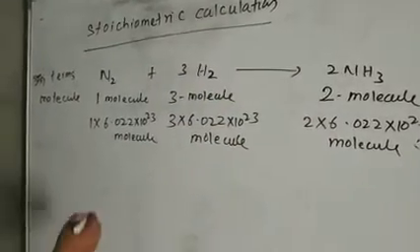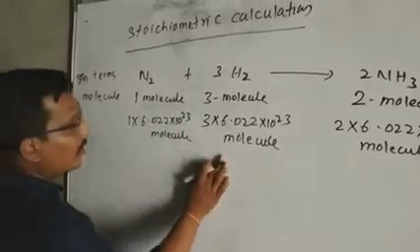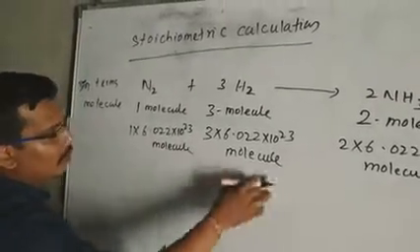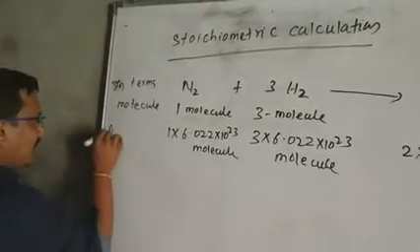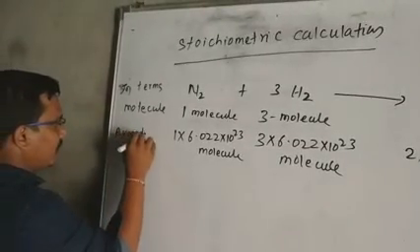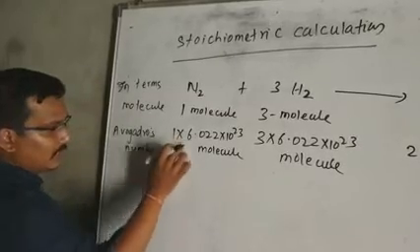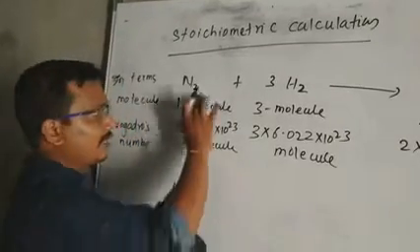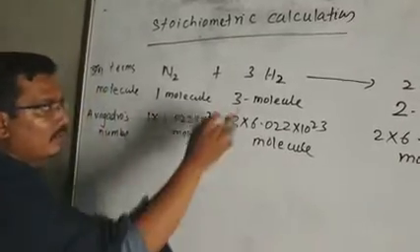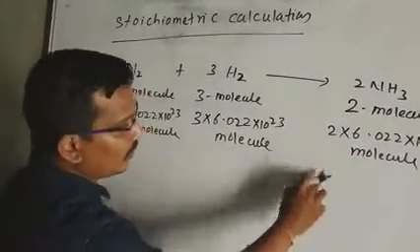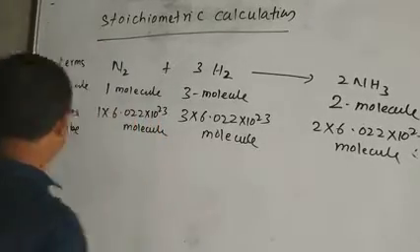This is said to be the Avogadro's number relationship, because we multiply each term with the Avogadro number. This means 1 into 6.022 into 10 power 23 molecules of nitrogen react with 3 into 6.022 into 10 power 23 molecules of hydrogen to produce 2 into 6.022 into 10 power 23 molecules of ammonia.